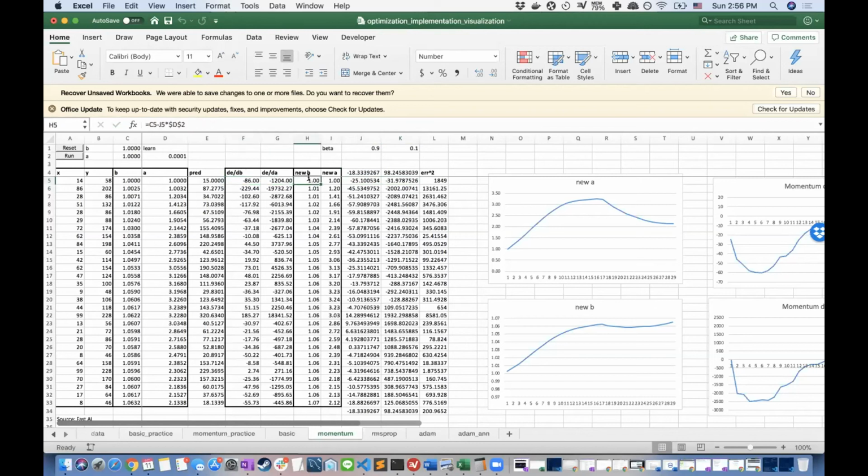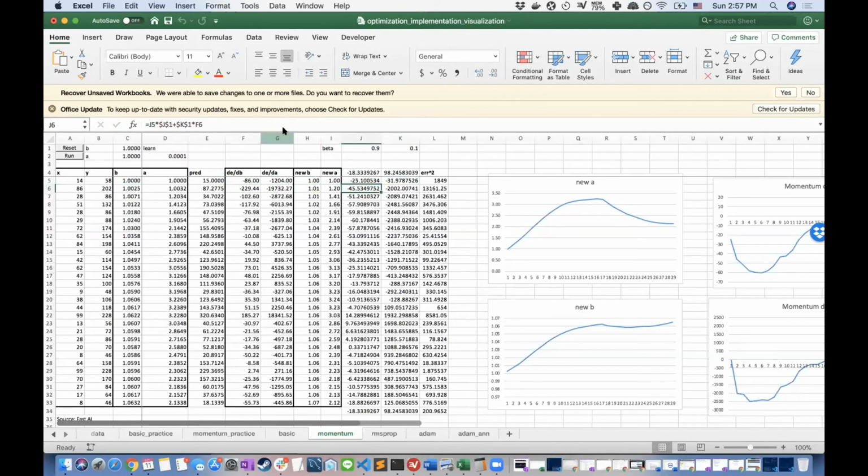If you look at here, it's C6 minus J6, which is this, times your learning rate. So you're using the momentum to update rather than your gradients, and that's how it's updating, right?